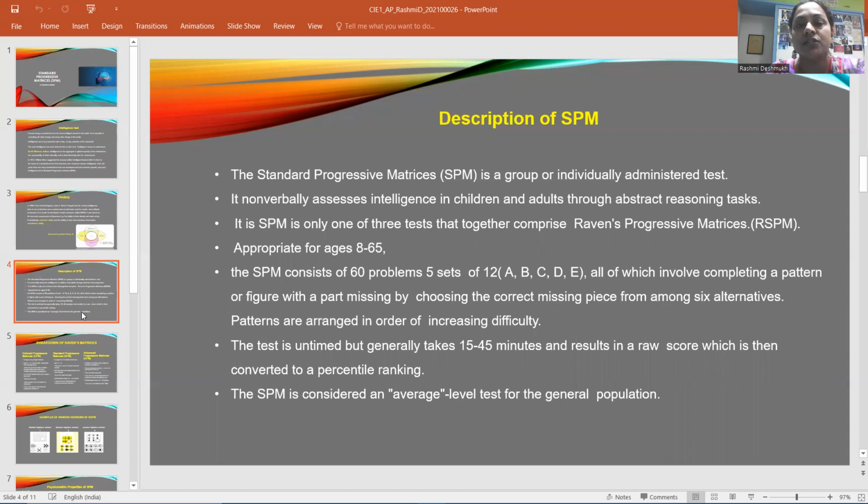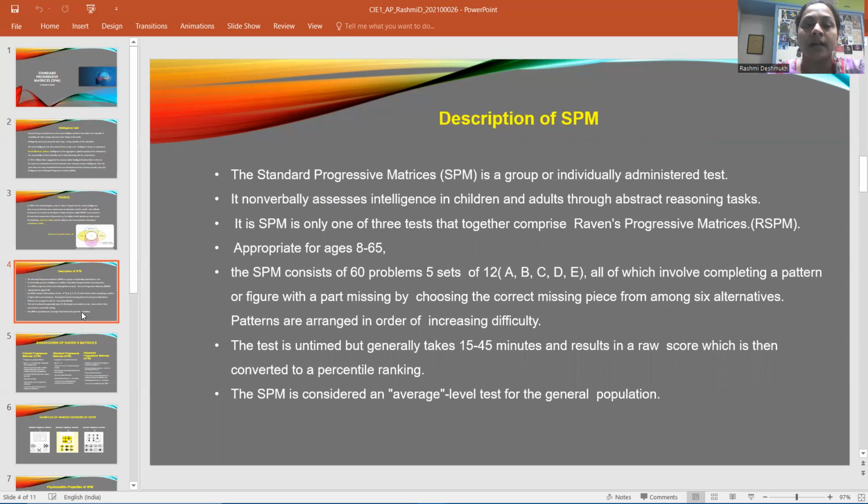This test consists of 60 problems divided into 5 sets of 12, A, B, C, D, E, all of which involve completing a pattern or a figure with a part missing by choosing the correct missing piece from among 6 alternatives.